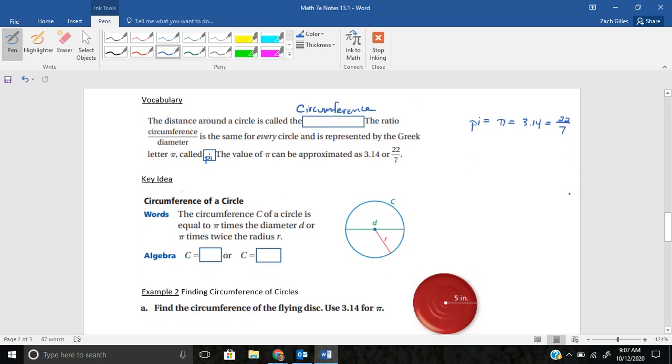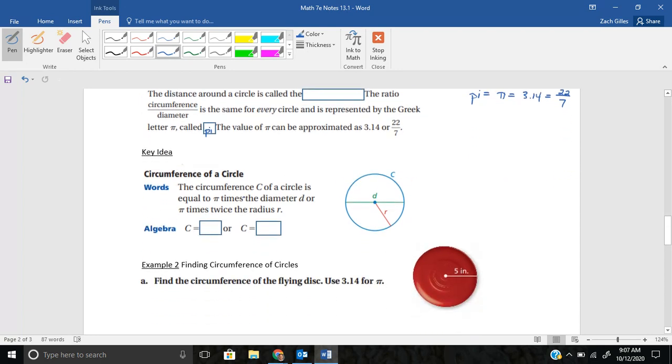Okay, so let's see our key idea and see if we can figure out, to be a little bit more exact, some algebra. The circumference C of a circle is equal to pi times the diameter, or pi times twice the radius. So that might sound confusing, but let's just write it out.